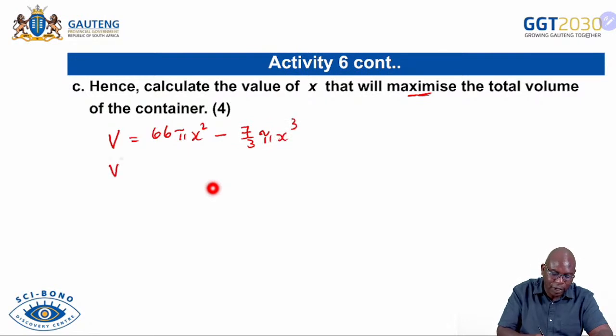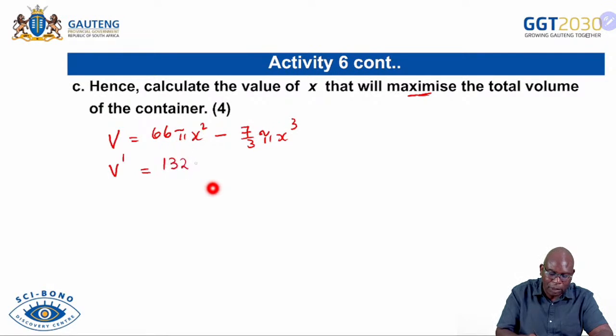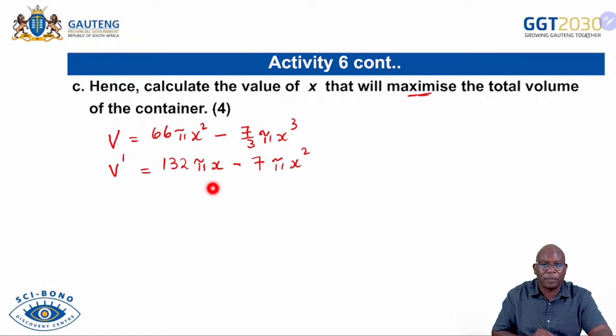Then we're going to find the derivative of that. I'm using different ways of finding the derivative there. When you derive, we're going to equate to 0. If I multiply 66 by 2, I'm going to get 132. Pi will remain, and we subtract the 1 there. If I multiply the 3 with 7 over 3, I'm going to get a 7. The pi remains, and we have x squared.